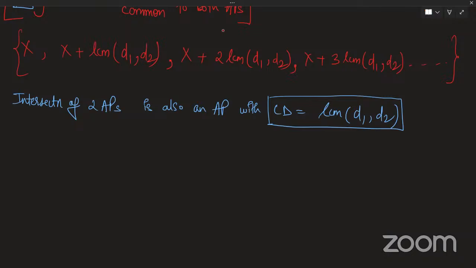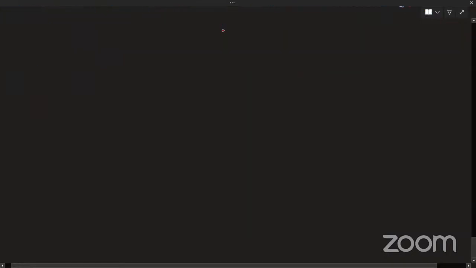Related to it, I just have one small problem. I have one AP. AP A comma D basically denotes that the first term is A and D is the common difference.